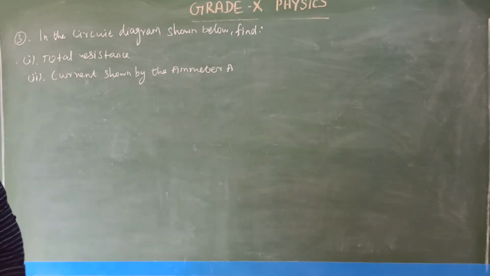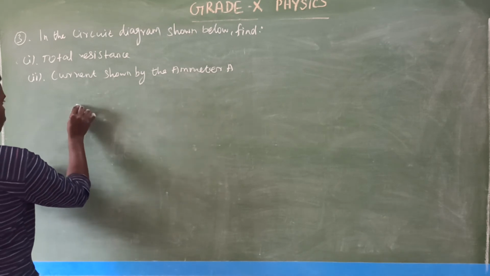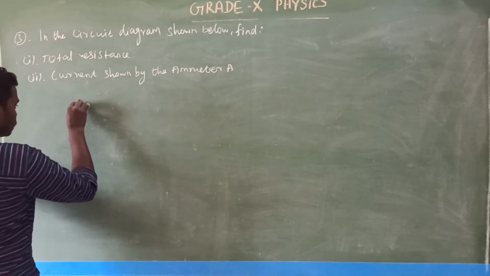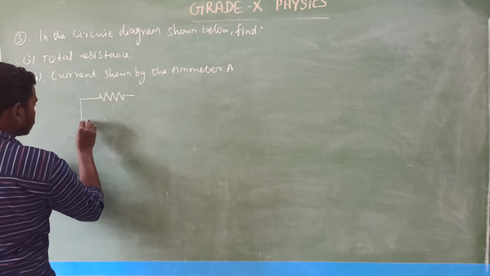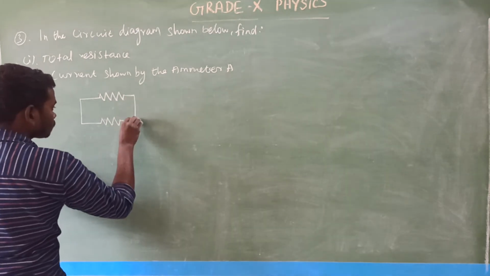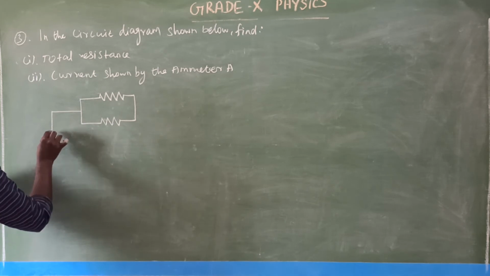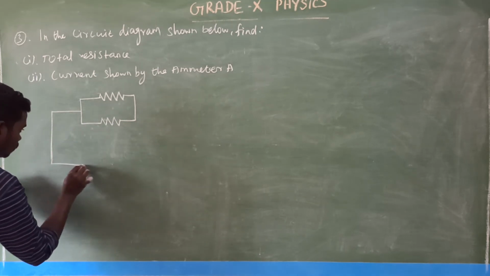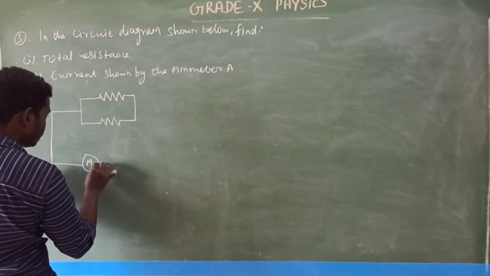I'll draw the diagram. The ammeter is connected in series because the ammeter has low resistance.